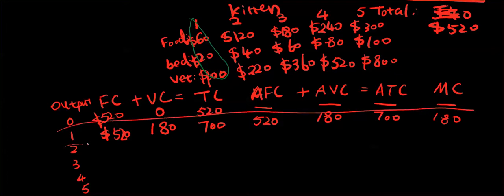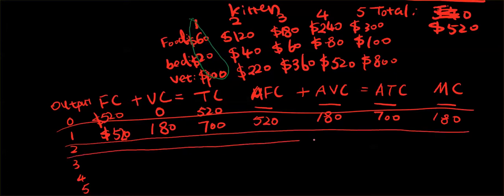So now let's look at if we produce 2 kittens, how should we fill in this table? If we have 2 kittens, we need to look at the second column related to the kitten here. So our fixed cost is still the same because we don't increase the adult cat.